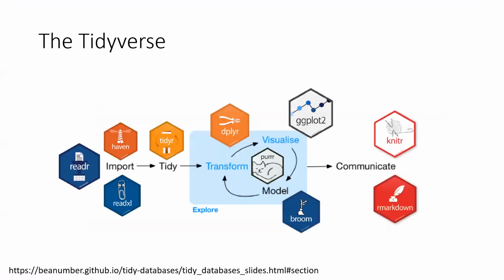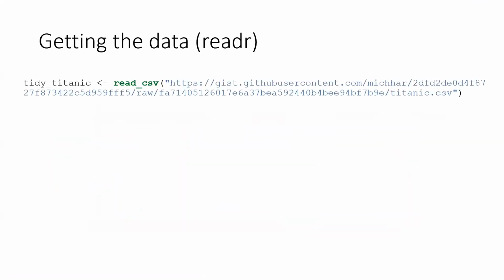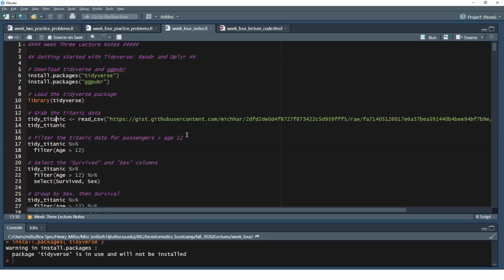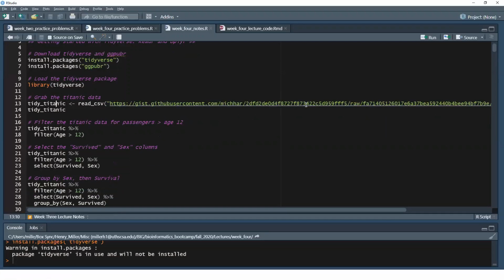So let's now talk about the first step, which is the data import step. We have our data. It's in a CSV file that's actually being hosted online, and here's the link. So again, if you come in here to your notes page, you can see this is written right here for you with the correct link in place.